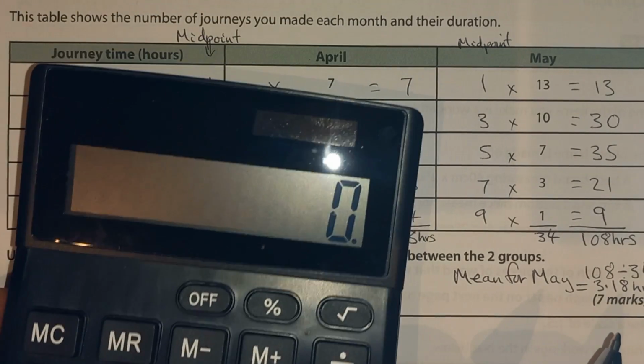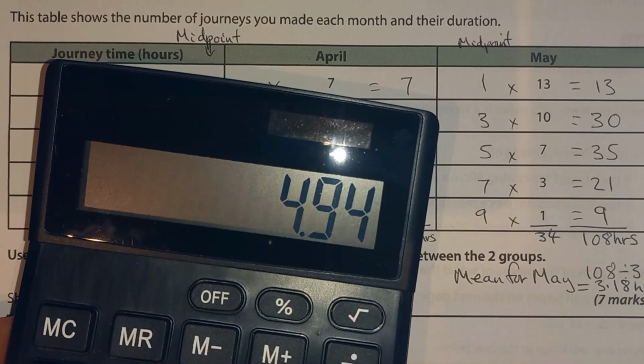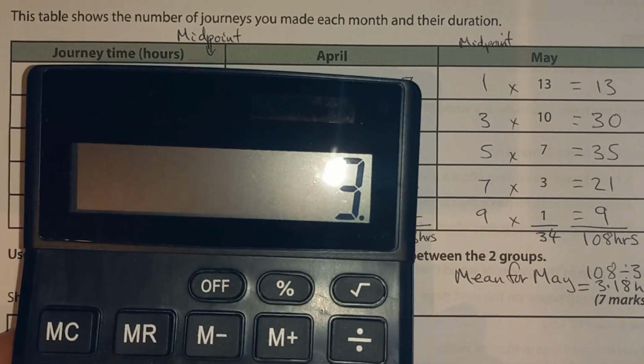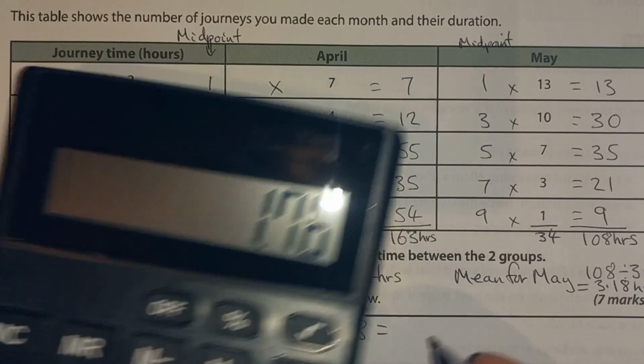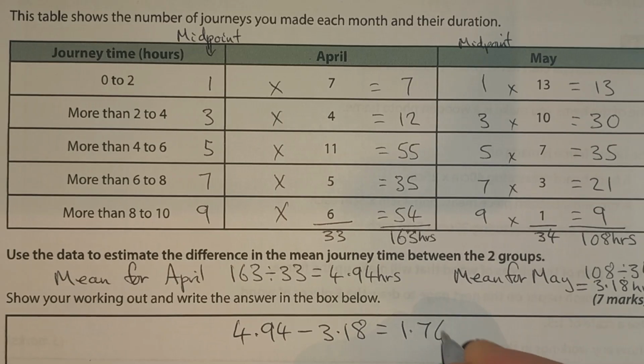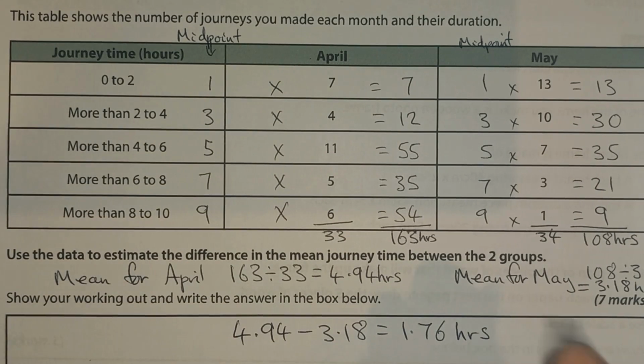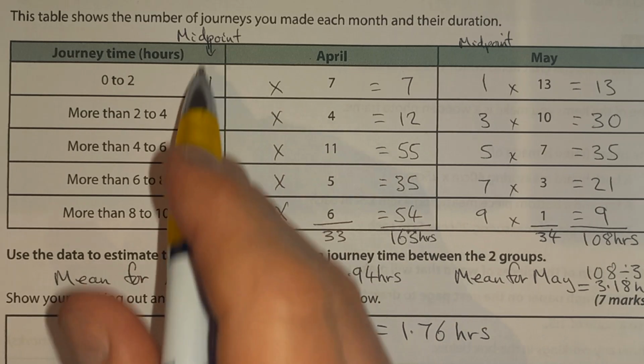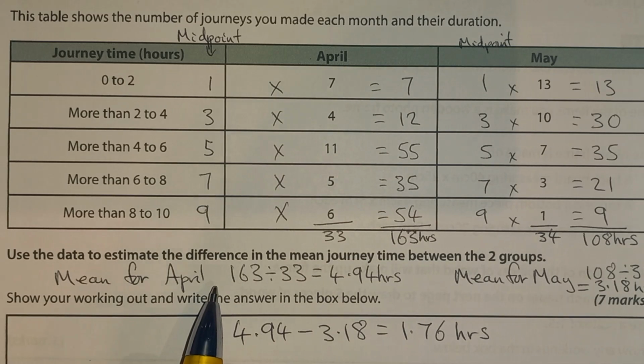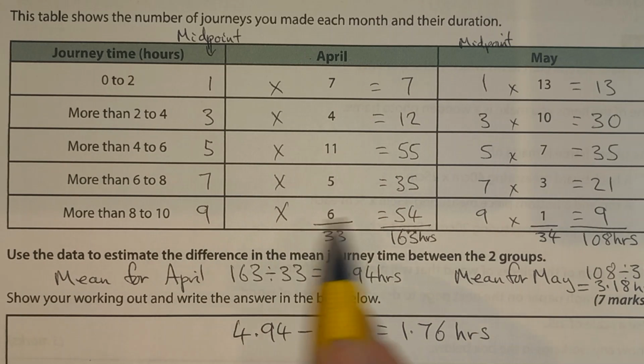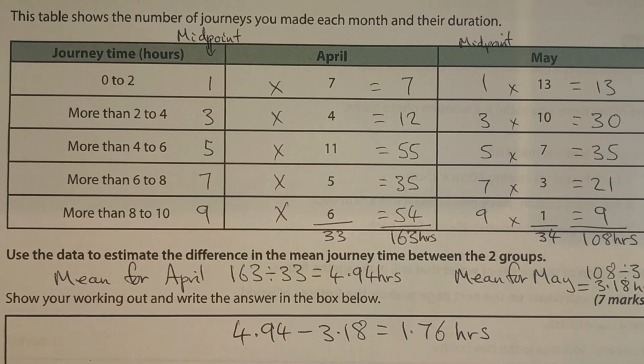So 4.94 minus 3.18, and we get 1.76 hours. So a lot going on there, 7 marks. You need to use the midpoints, and really we're repeating the same process for April and May.